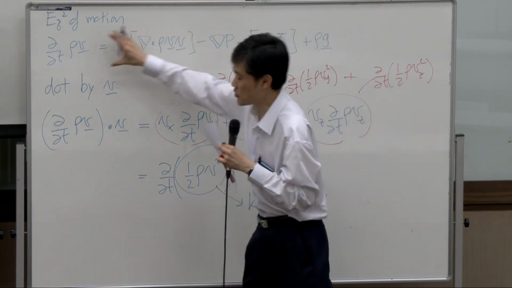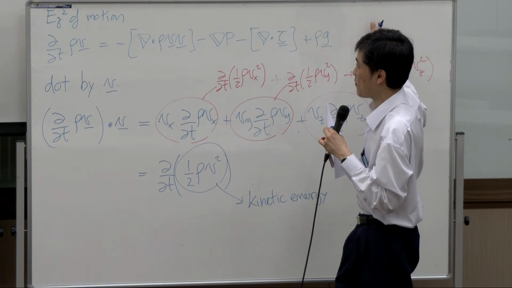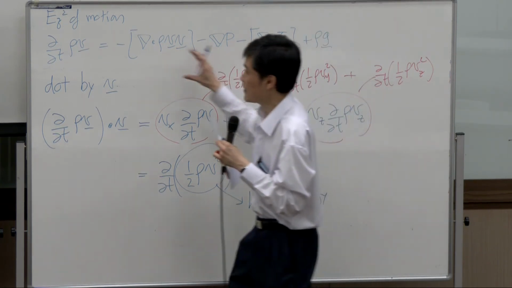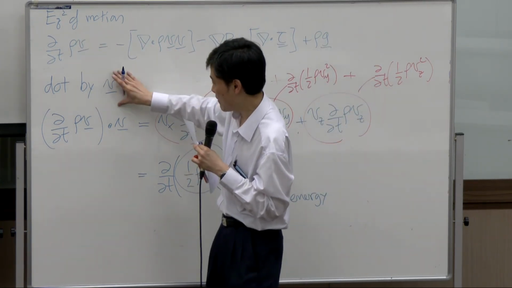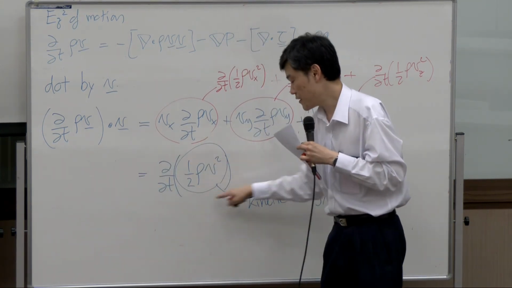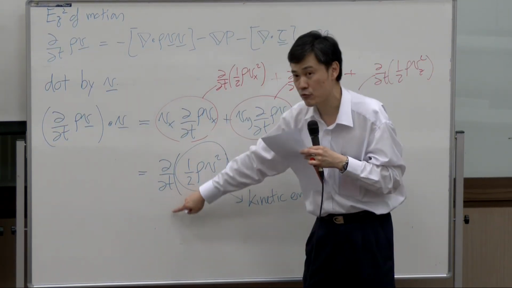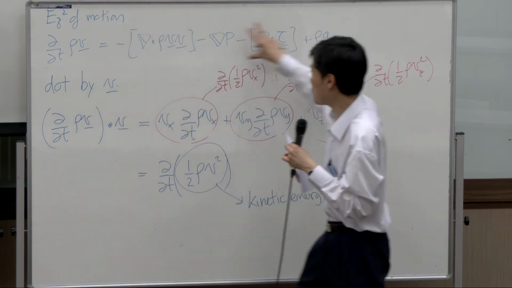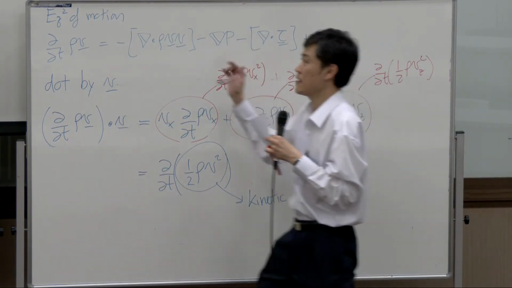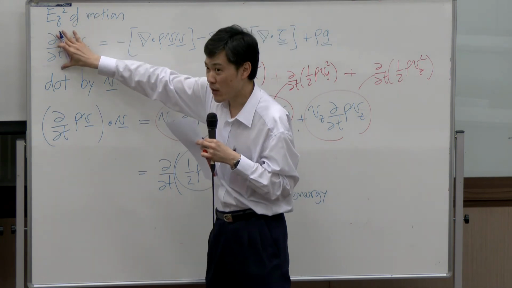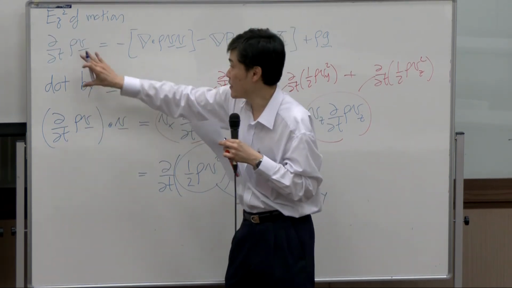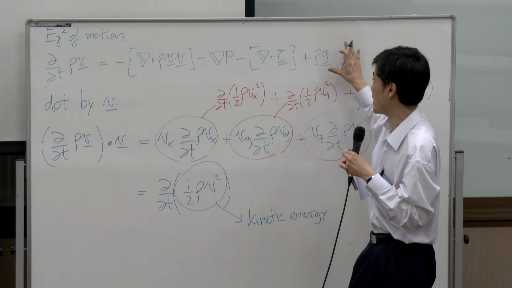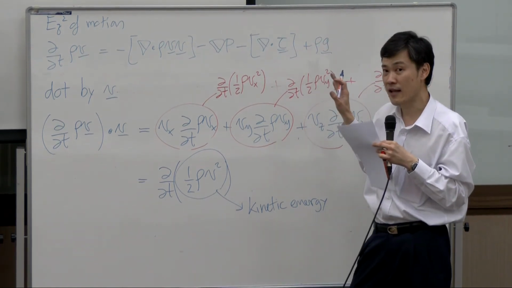We start from the equation of motion, which is the equation for momentum balance, and play some mathematical trick with this equation: if you take the accumulation term here dotted by V, you end up with the change in kinetic energy with respect to time. So that means if somehow I dot velocity through the whole equation of motion, you end up with an accumulation term associated with kinetic energy, a flux associated with kinetic energy, as well as the external force to create kinetic energy.